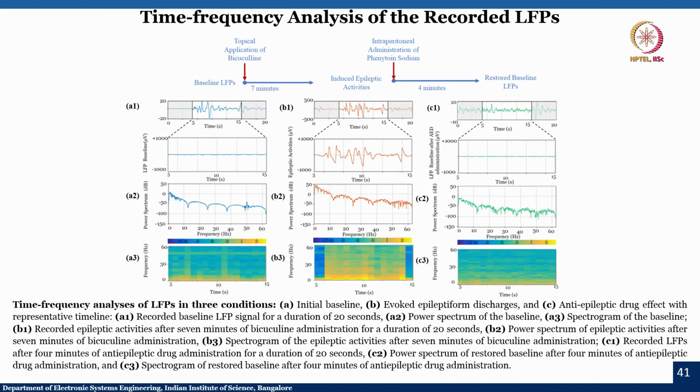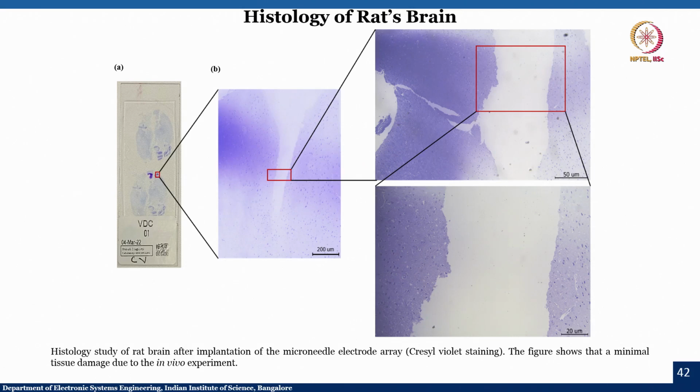As soon as you topically apply bicuculline, which is a convulsant, and wait for 7 minutes, you can start seeing episodes of epileptic activity, clearly visible also in the frequency and power spectra. And when you apply the anti-epileptic drug phenytoin sodium intraperitoneally, after 4 minutes the baselines are restored. Here also you can very clearly see the LFPs reflected after administering the AED, and the same with the power spectrum and frequency spectrum.